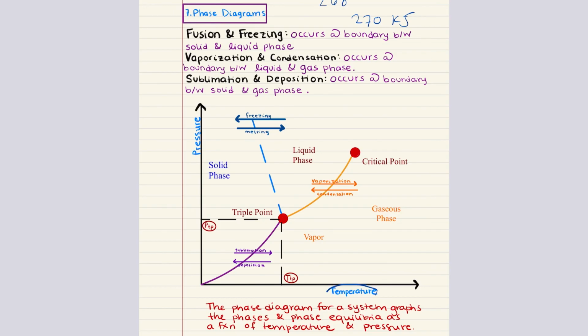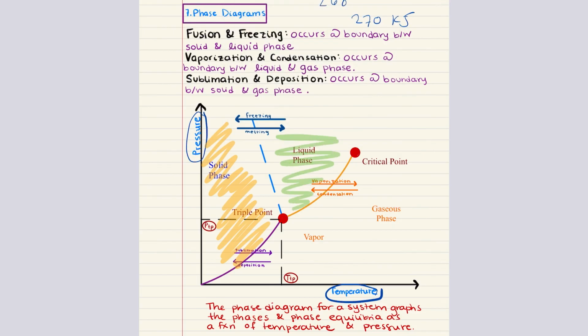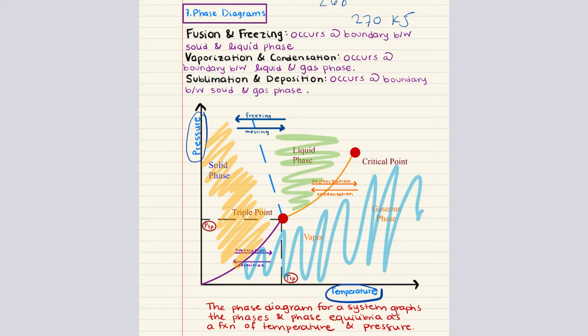Now, the x-axis is typically temperature, and the y-axis represents pressure. This diagram is also divided into regions that represent the different states of matter. So here we see our solid phase, and over here we see our liquid phase, and then here we see our gas or vapor phase. In addition, the lines at the boundaries in the diagram represent the conditions under which two phases can coexist in equilibrium.